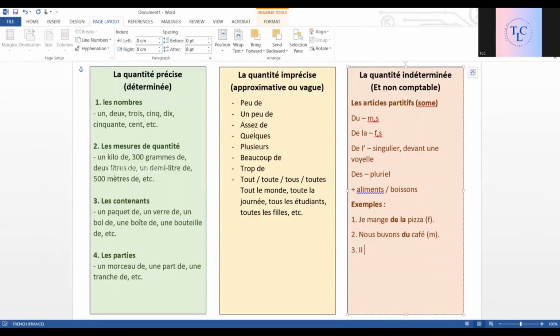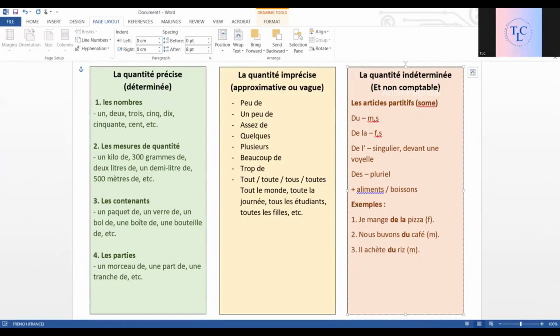Then we can also say il achète du riz. So he bought some rice or he bought rice. Here also we are not telling how much quantity of rice. So we have to add article partitif. We added du because riz is again masculine.